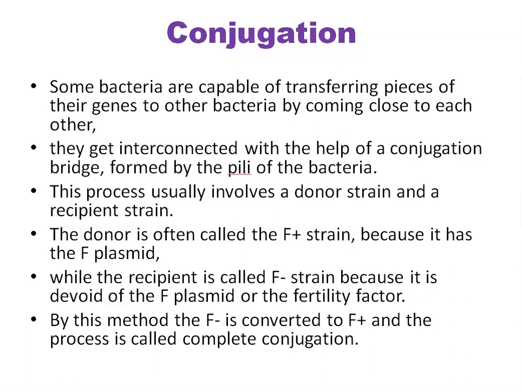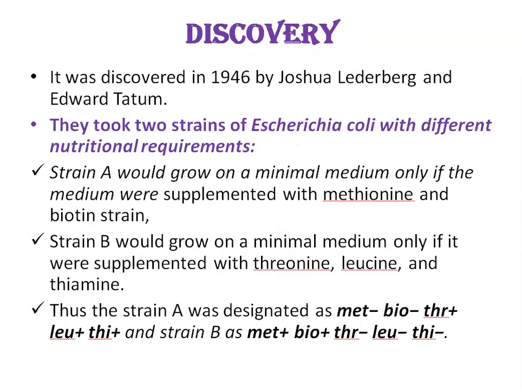F plasmid is also known as fertility factor, right? So by the end of this method, F negative is also converted into F positive, meaning the recipient is also converted into donor, and this process is called complete conjugation, right?